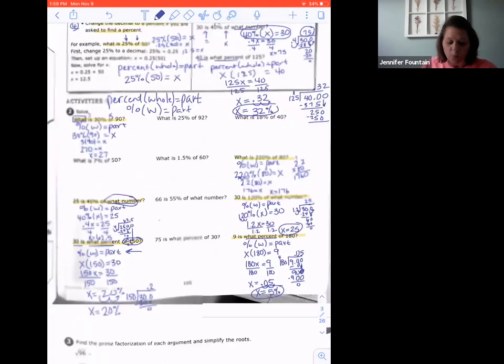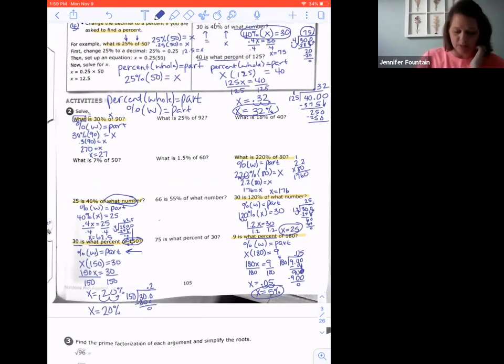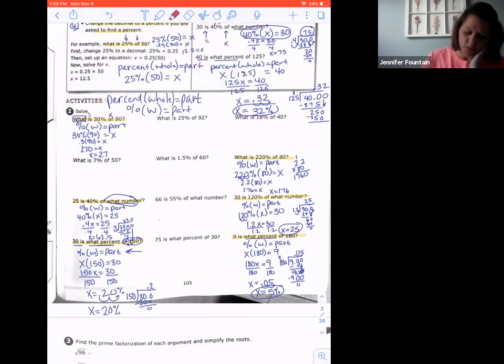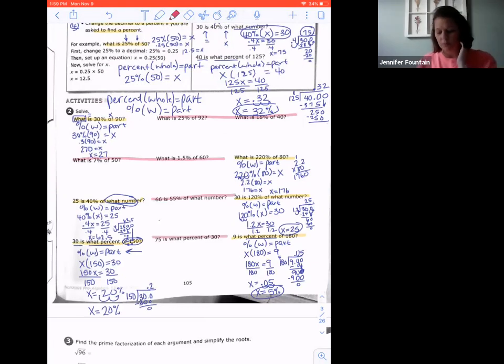Okay, so for homework, the homework ones I'll highlight in pink here. So we'll have the top two, second row two, and then on the bottom, we've got two in the middle.